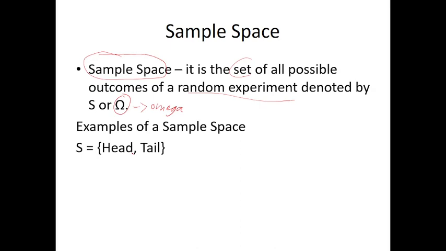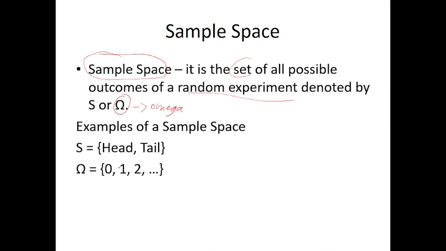Another example, okay, we have here the set, which is omega equals to the following: 0, 1, 2. So this is the set of all non-negative integers. So this is the sample space for all non-negative integers.